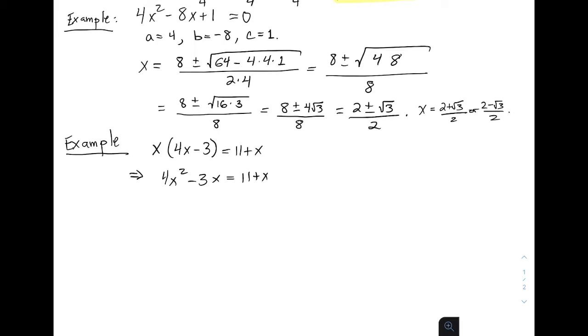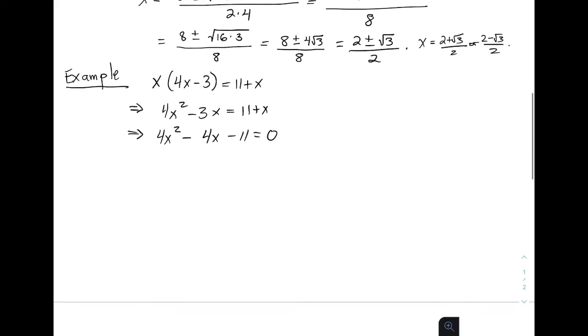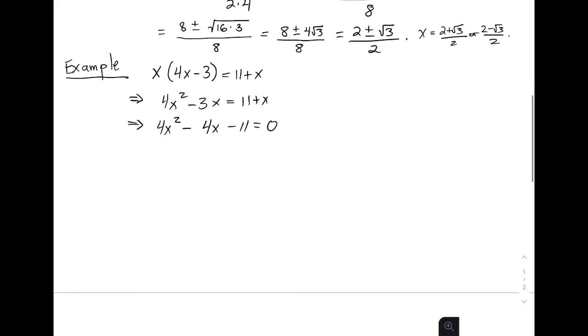We will subtract 11 and x from both sides. And now we see that a is 4, b is negative 4, c is negative 11.